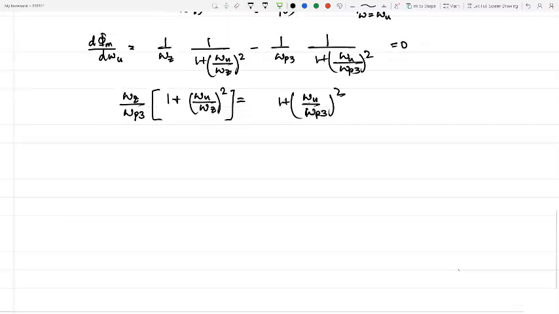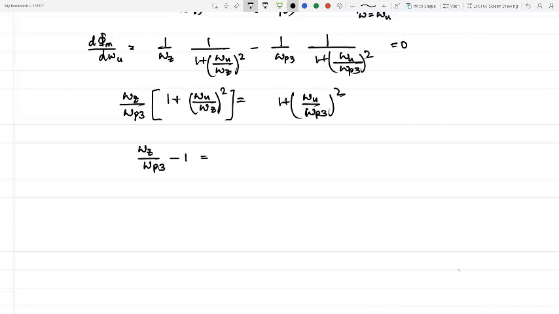Now I just want to take omega u square on one side, so that will be omega z by omega p3 minus 1 is equal to omega u square, omega z by omega p3 times 1 by omega z square minus 1 by omega p3 square.